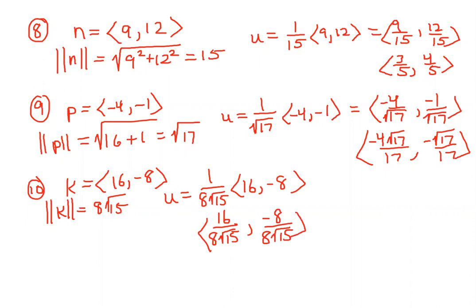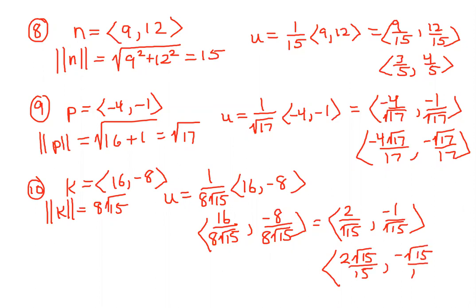So there's lots of simplifying that we need to do here. First of all, 8 can go into there, so this could be 2 over the square root of 15, and this could be -1 over the square root of 15, and then rationalizing the denominator, 2 times the square root of 15 over 15, and negative square root of 15 over 15. Okay, that was number 10.